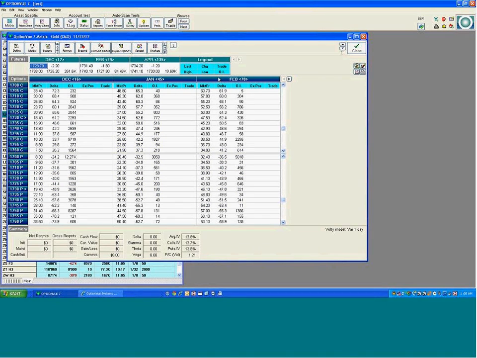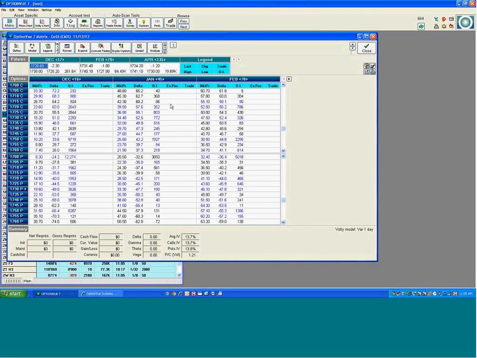So here's an example. The swap strategy is a strategy that is designed to earn positive time decay. So how do you earn positive time decay? You have to sell options or sell option spreads. So let's look at constructing a position that is bullish in gold as a starting point.